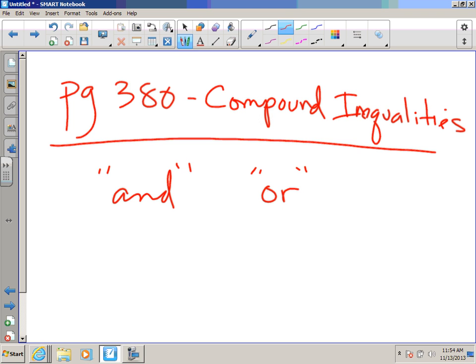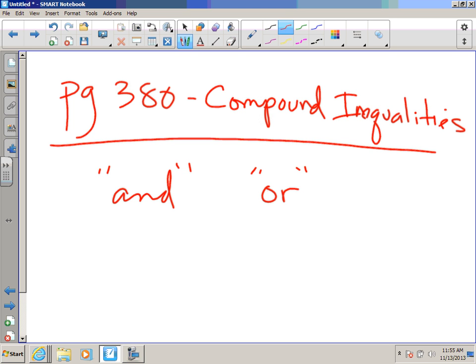Anytime something is a compound anything, usually the relationship drawn is the association with two. A compound subject in English is two or more subjects that share the same verb or predicate. Compound predicate, two or more verbs that share the same subject.